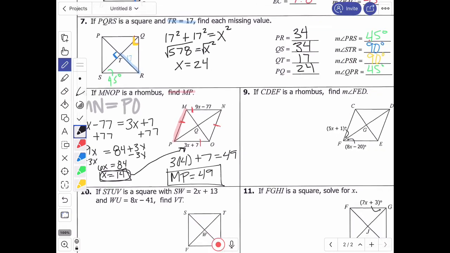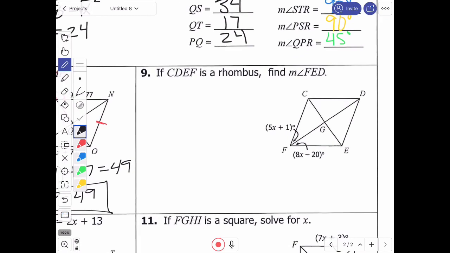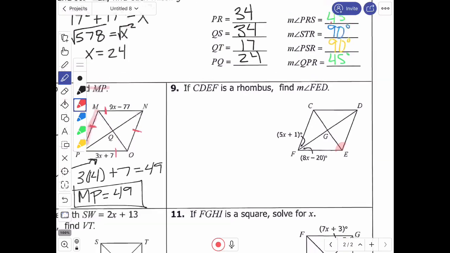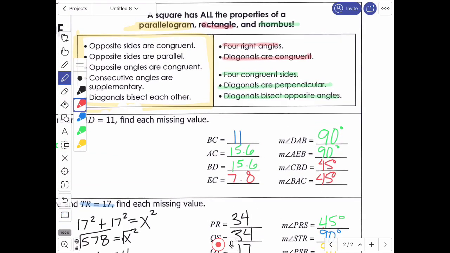Okay. Now looking at number 9. We're still dealing with a rhombus, and I'm finding angle FED. Angle FED would be this angle right here. Now, if I look back up at my rhombus properties, I want to see which one talks about the angles. Well, that would be this one: the diagonals bisect the opposite angles.